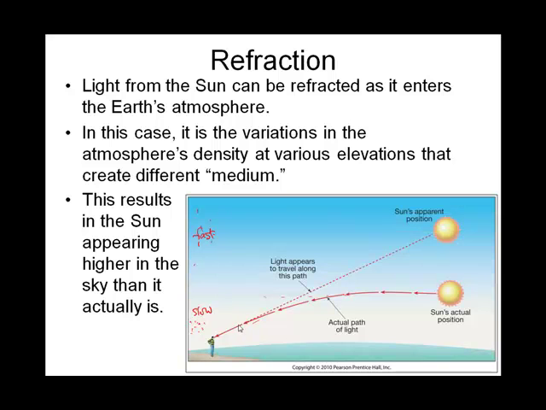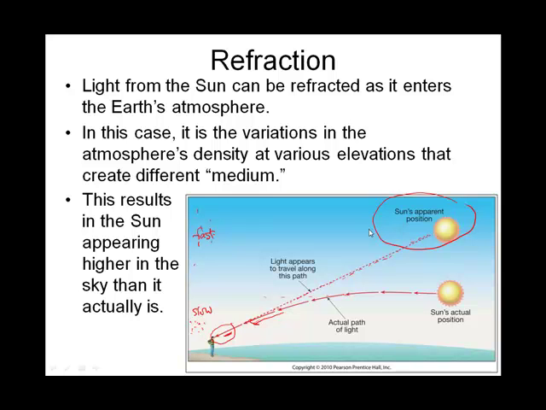So by the time the original light from the sun is refracted, it has this sort of angle. And going back up into the sky, even though the sun is low on the horizon, here's where it appears. This is its apparent position because of refraction, because the light is bent.